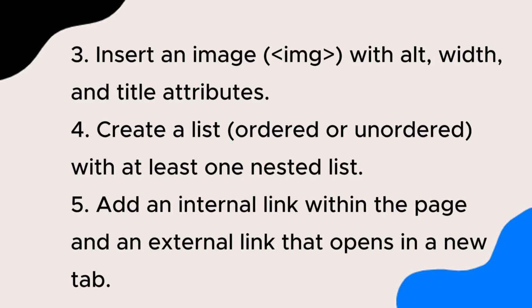Insert an image img with alt, width and a title attribute. 4. Create a list, ordered or unordered, with at least one nested list. 5. Add an internal link within the page and an external link that opens in a new tab.